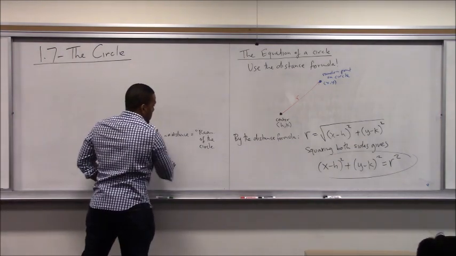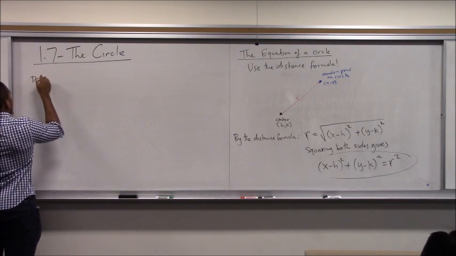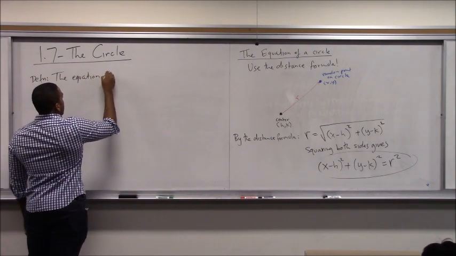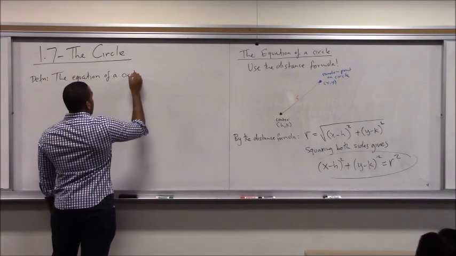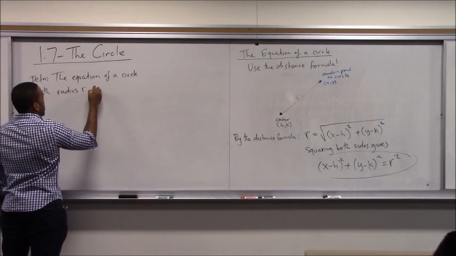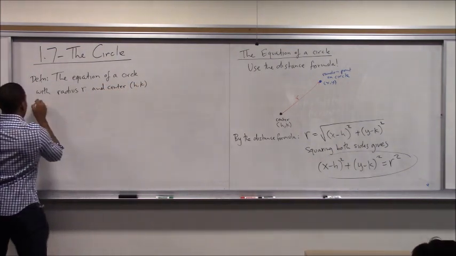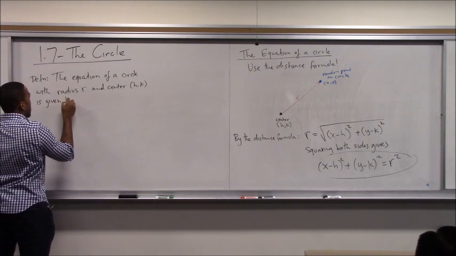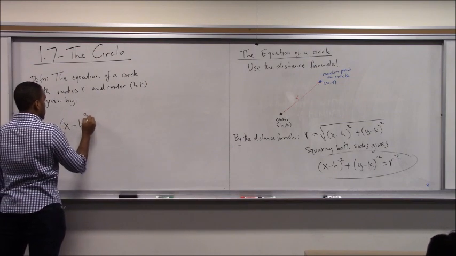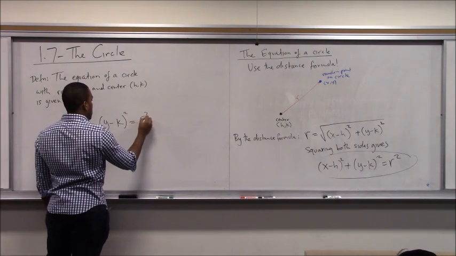Let's actually just write that down. Equation of a circle. With radius r and center h comma k is given by this expression, x minus h squared plus y minus k squared equals r squared.